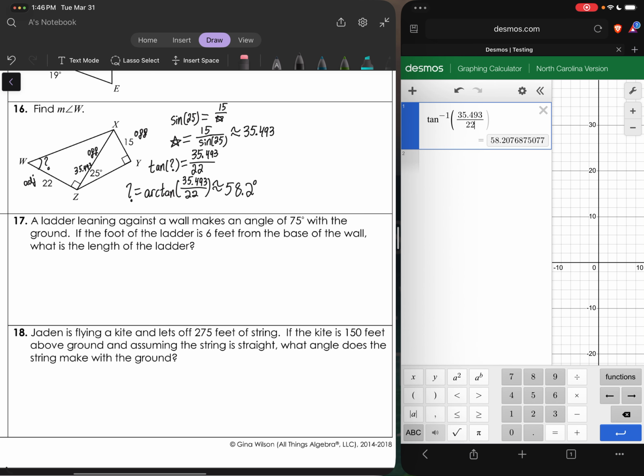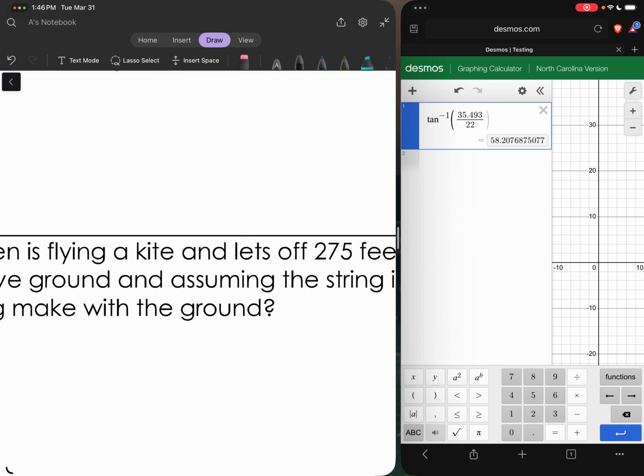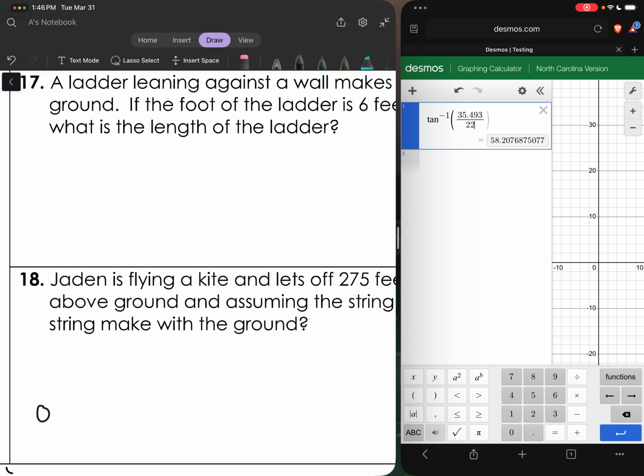These last two are word problems. I'm going to let you do the one about a ladder. I'm going to do the one about the kite. Jaden is flying a kite and lets off 275 feet of string. Here's my Jaden. She's letting off 275 feet of string.